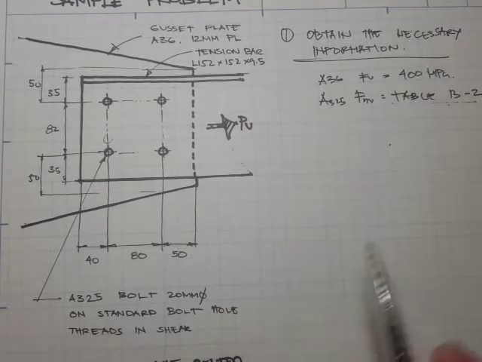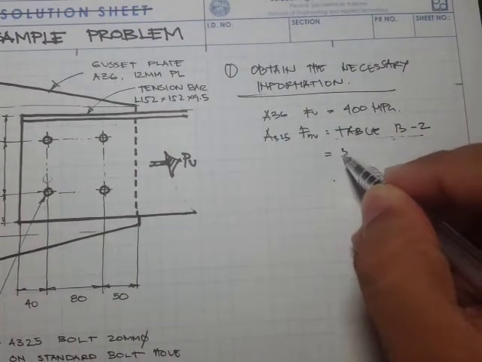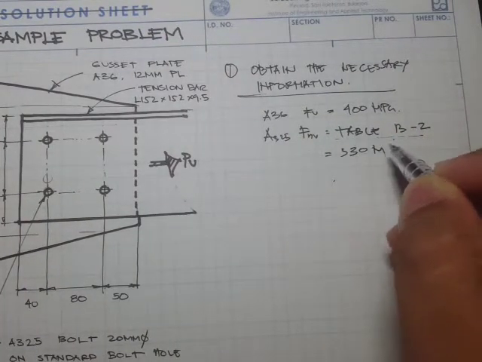So that's going to be the third row in the table. We have a value of 330 megapascals.